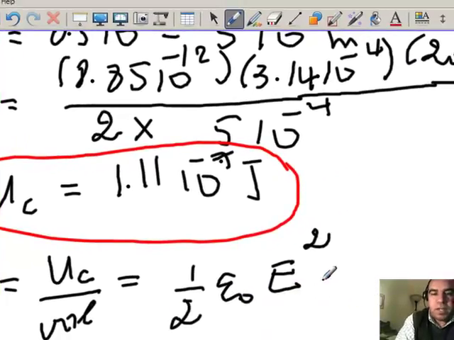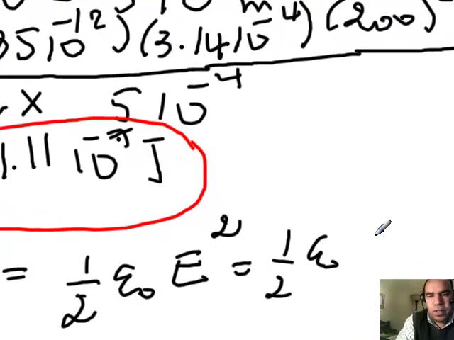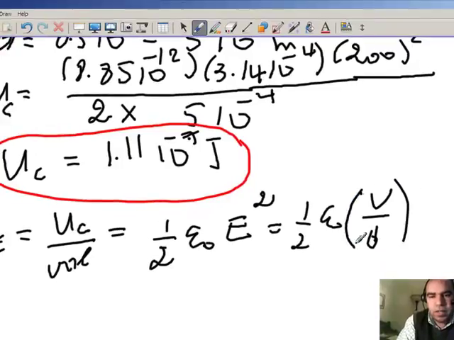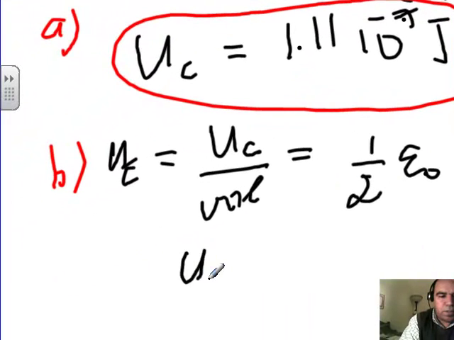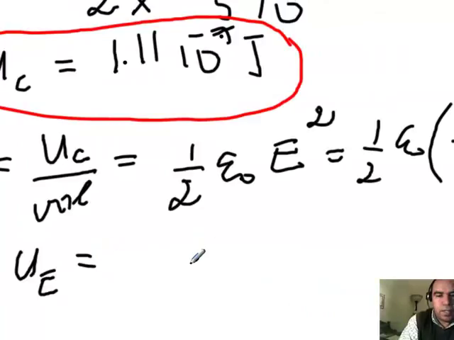Now let's plug in the numbers. I know E is related to V, that's V over D. So this is 1/2 epsilon 0. Instead of E, I'm going to put V over D, and the whole thing is squared. Now in this equation, I know everything. So UE, the energy density, is now, let's put all the numbers together.